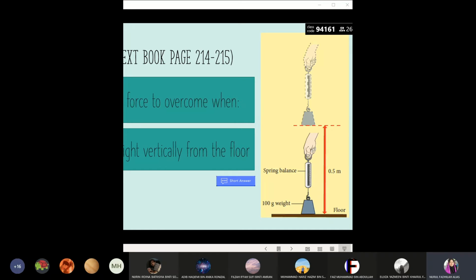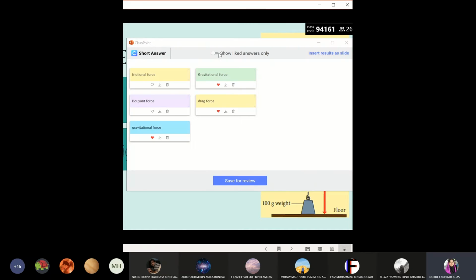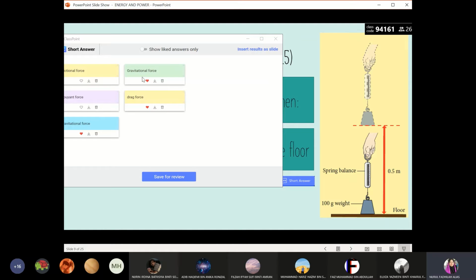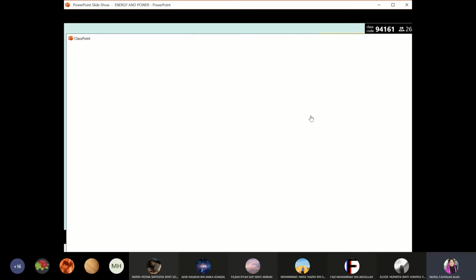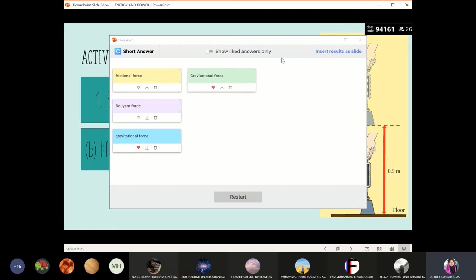So these answers are correct, the others are wrong. Gravitational force, drag force and gravitational force. Your friends know this is because it is vertical. So when vertical, we have gravitational force, and that is what we have to overcome.